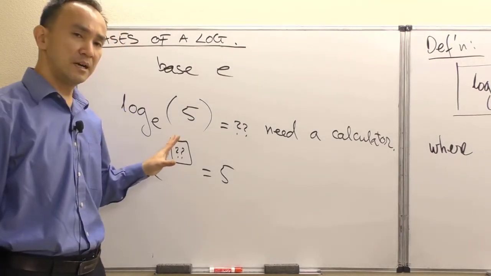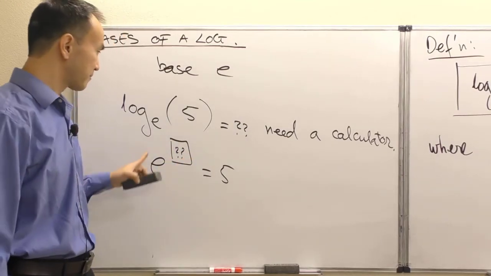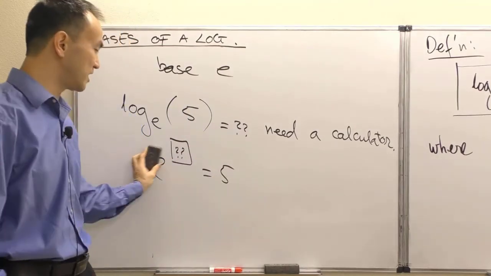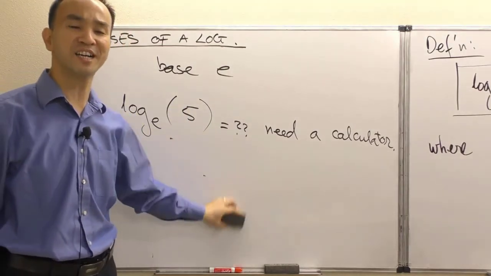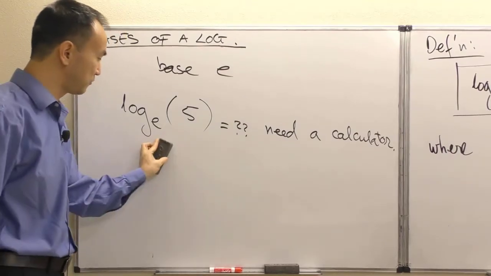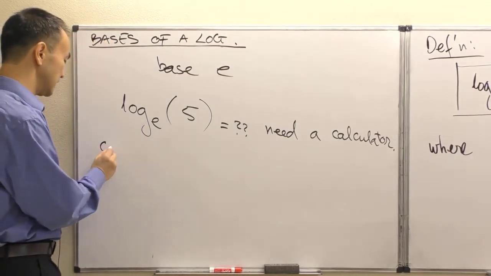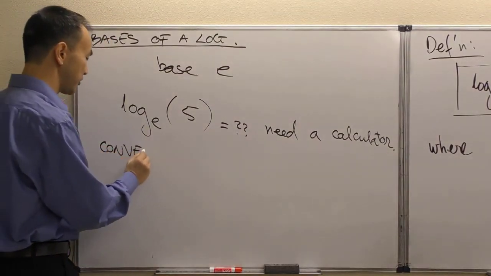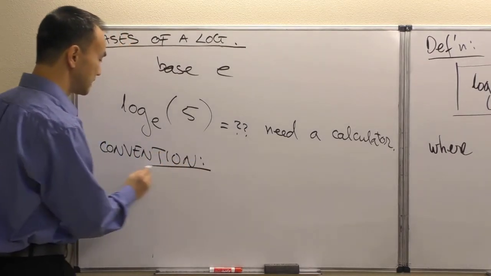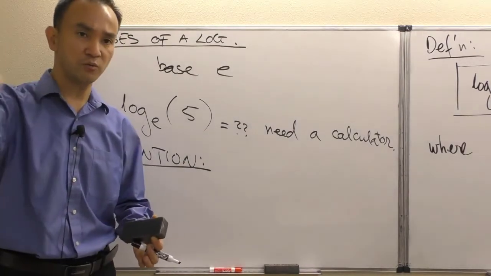But my intention for bringing this up is that base e is another special base, where we have another worldwide convention. So log base e, that's how we understand it. This convention has become a worldwide standard. Earlier I introduced that for log base 10, we write log and skip the base.